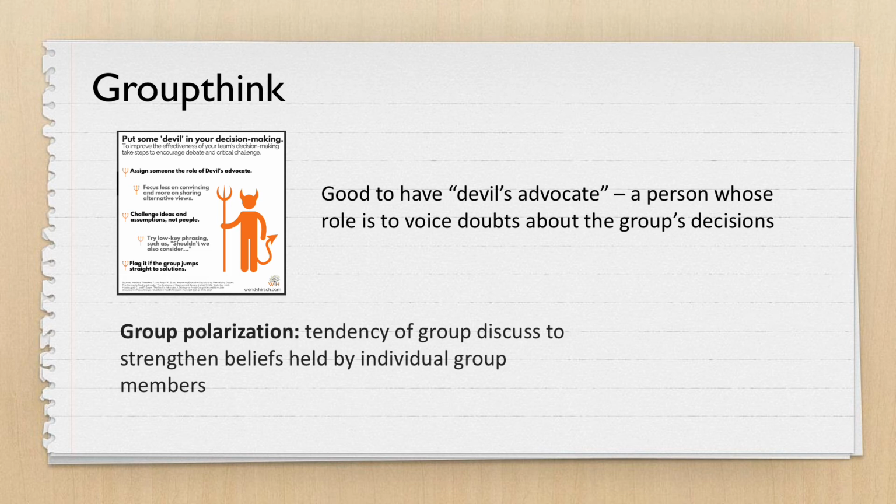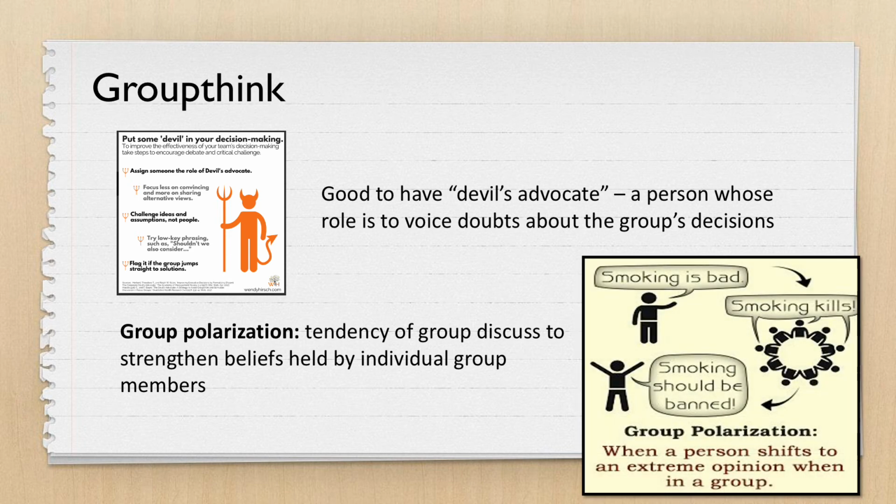Another phenomenon related to groupthink is called group polarization. It's the tendency of the group discussion to strengthen beliefs held by individual group members. For example, before discussing with the group, you believe smoking is bad.